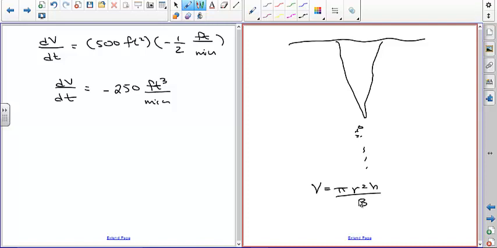If we had something like x squared times y, we would take the derivative of x squared and multiply it by y, and then take the derivative of y and multiply by x squared. In that case, the x part was a normal derivative and the y part was implicit.